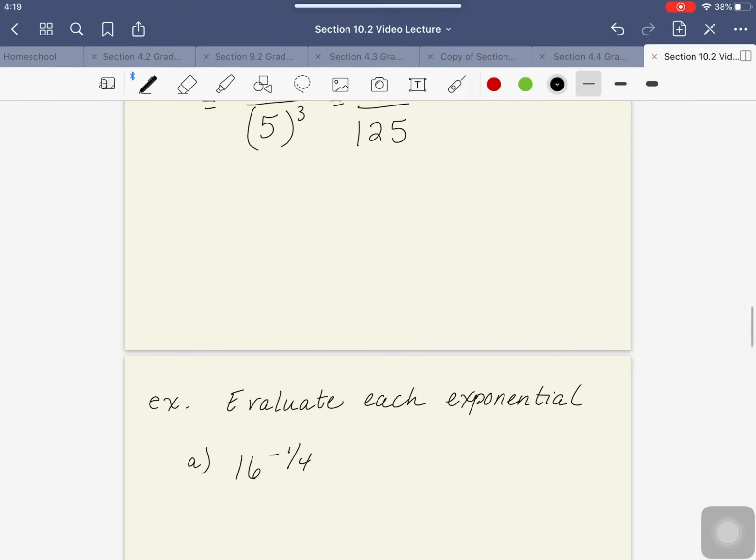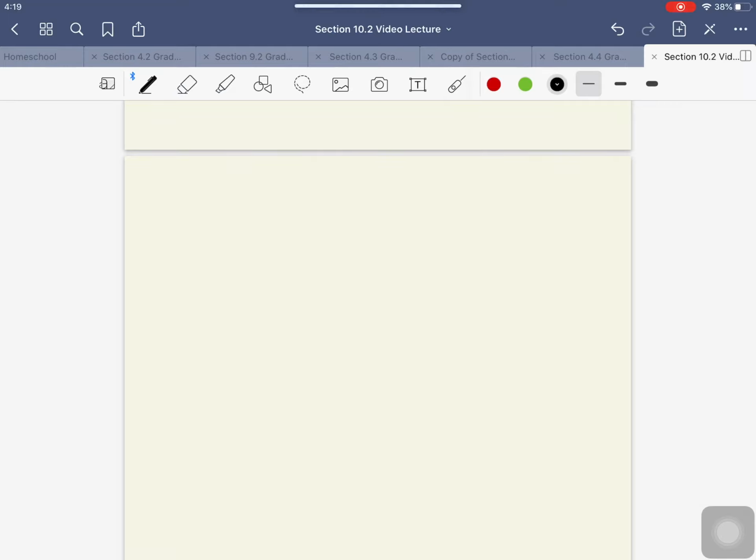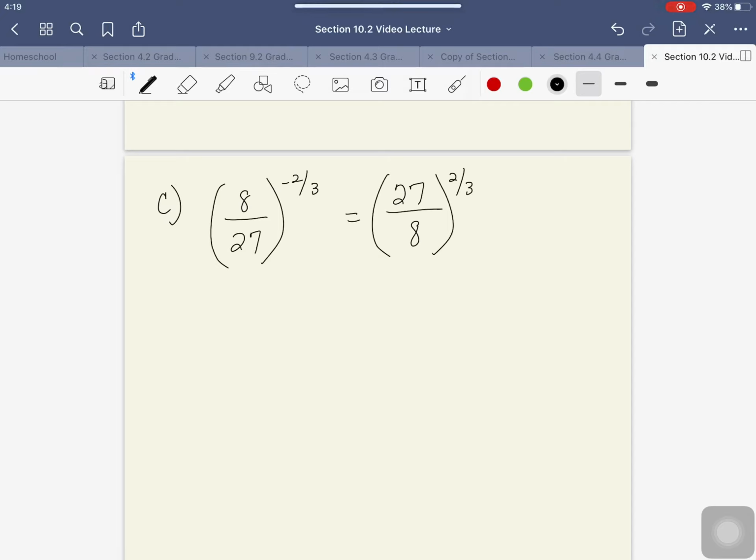All right, let's try one more. It's 8 over 27 to the negative 2/3 power. All right, so first we're going to flip everything that's inside the parentheses. I'm going to make it 27 over 8, and now that is to the positive 2/3 power. So that means you want to raise both your numerator and your denominator to the 2/3 power.